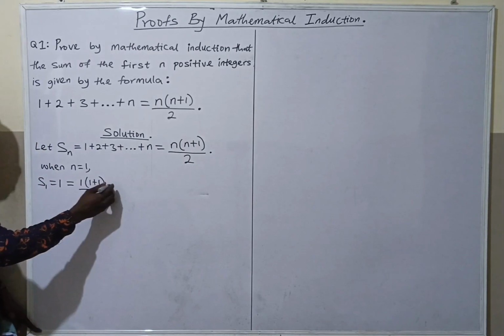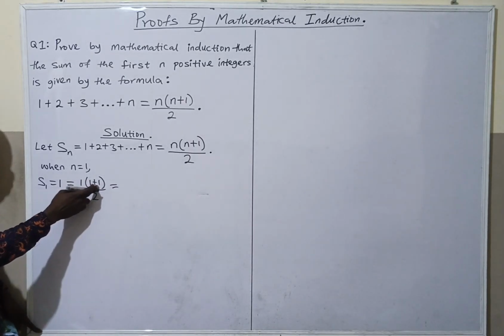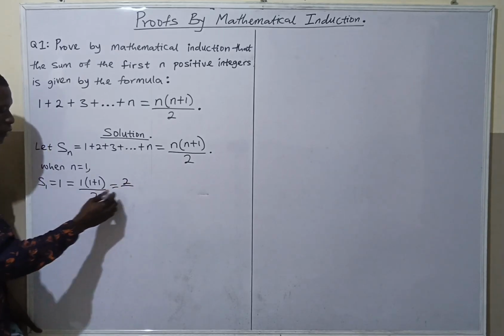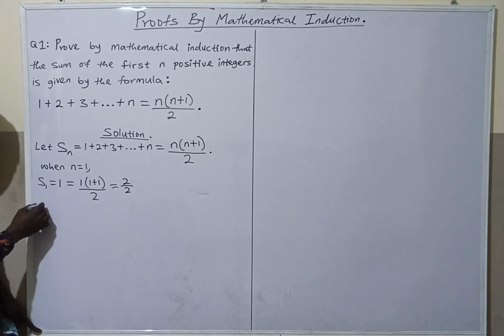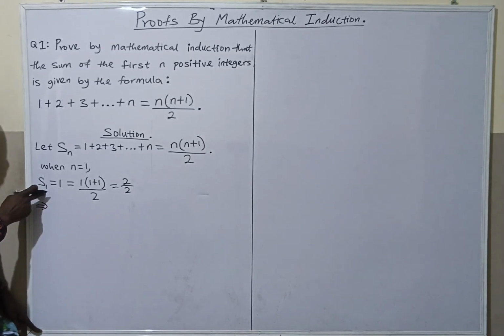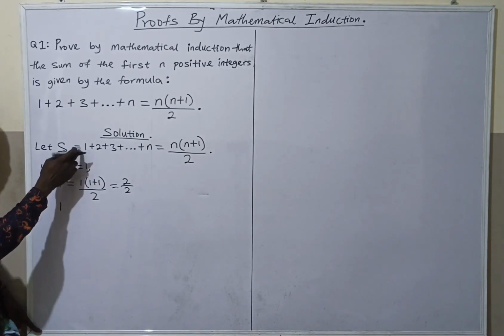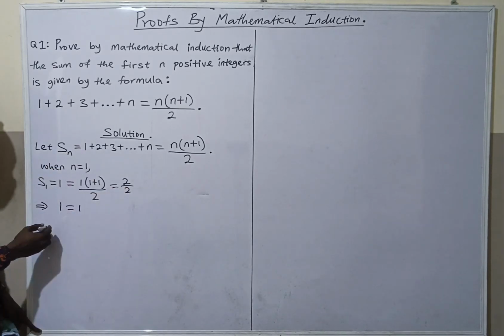So let's see. If we expand this bracket, we'll be having 1 plus 1, that is going to be 2. 2 times 1 will still be equal to what? 2. And then 2 divided by 2, of course, that's going to be equal to 1. So that tells us that when n is equal to 1, s1, which is equal to 1 on the left hand side here, is equal to 1 also on the right hand side here.